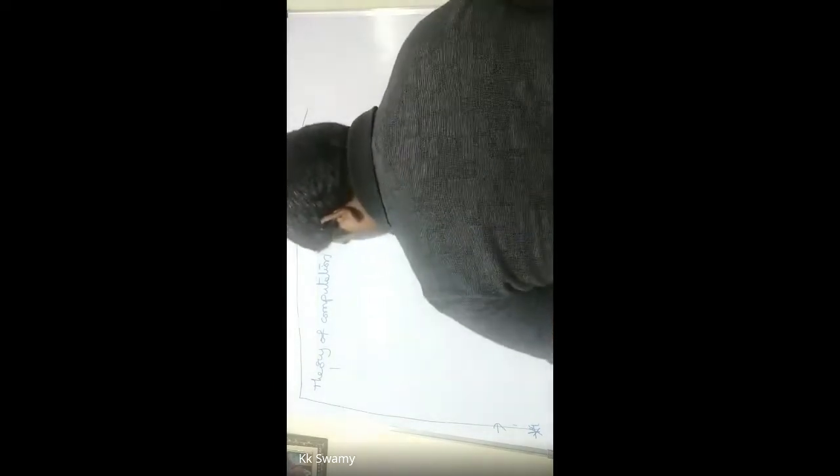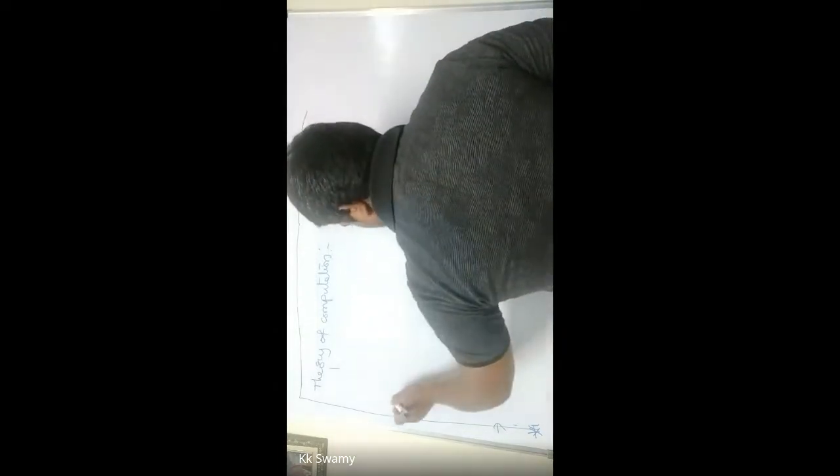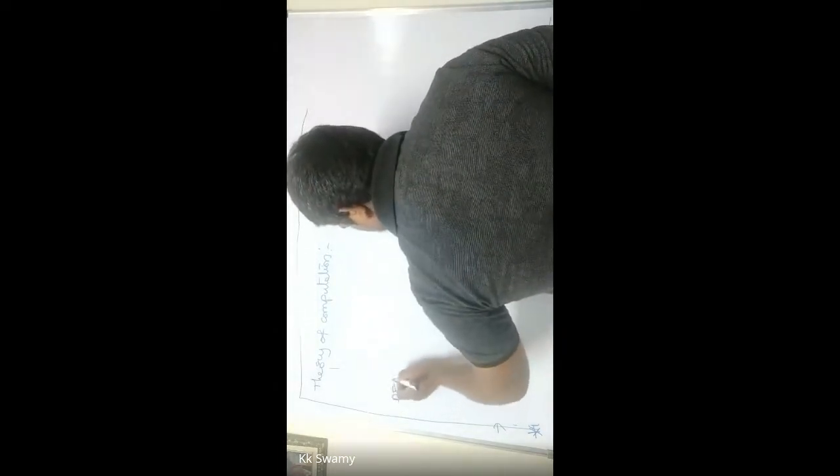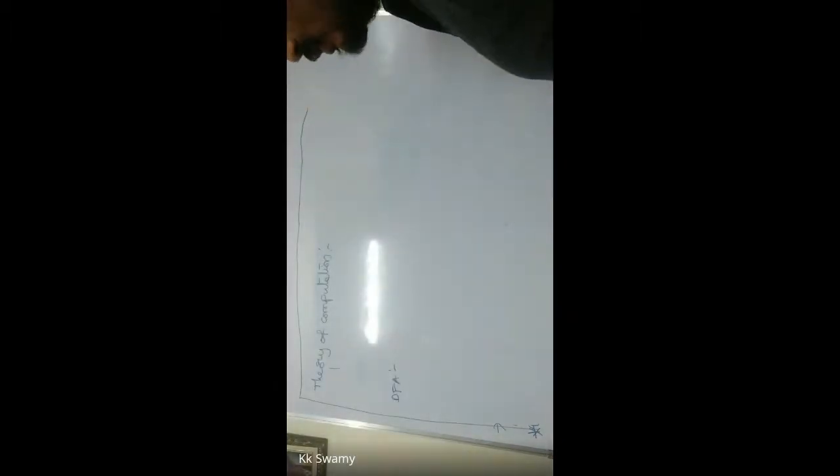First, we'll discuss the DFA. DFA is also the same as the NFA I already explained: Q, sigma, Q naught, delta, and F.